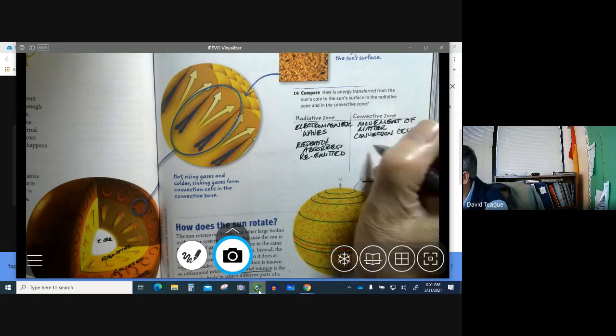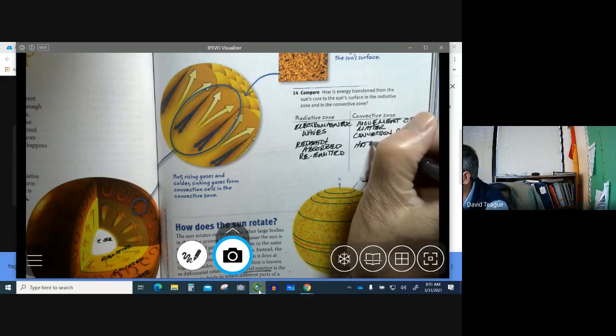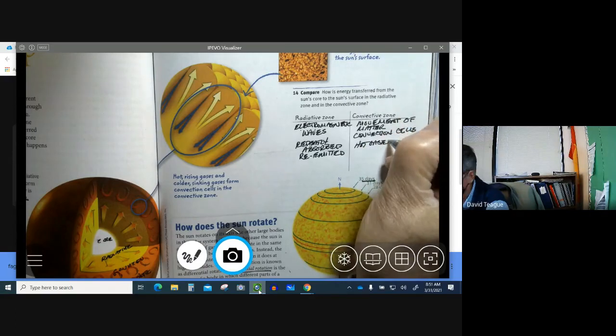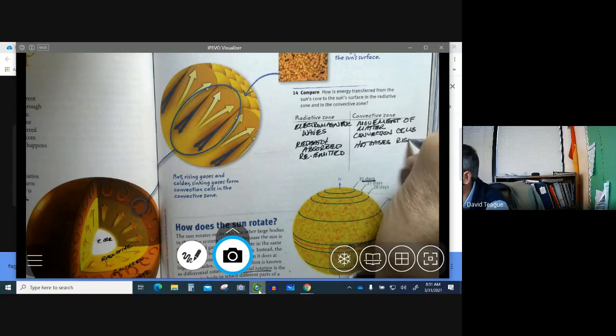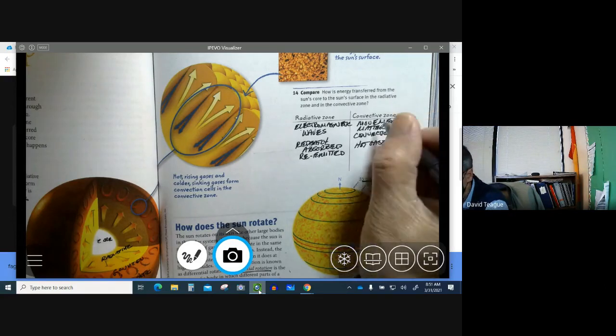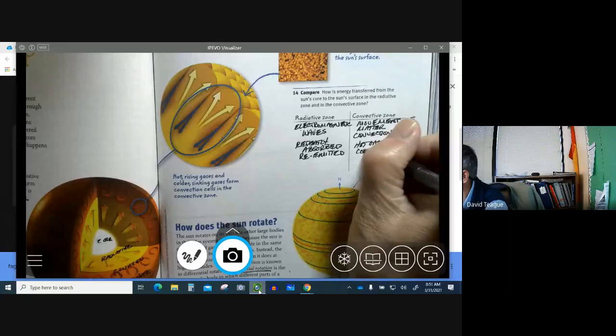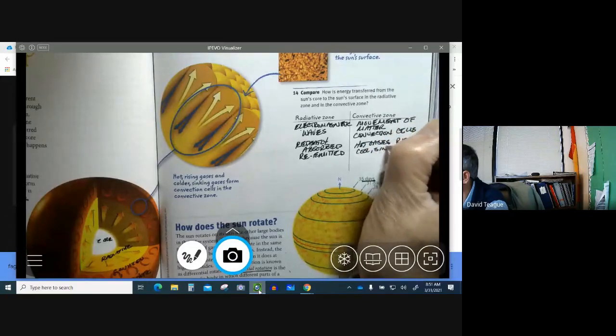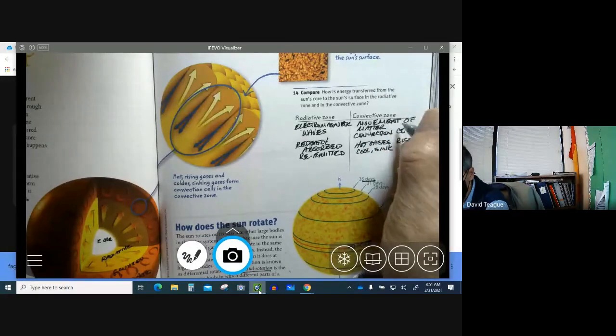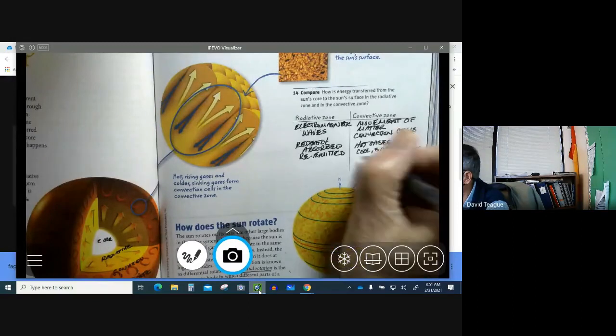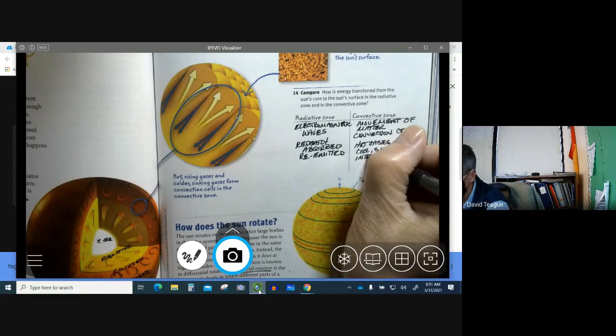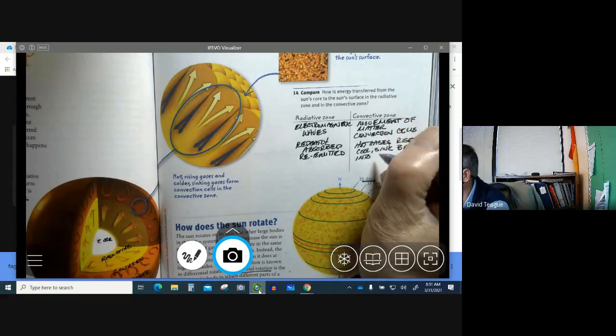Hot gases rise, cool, sink, back into convection zone.